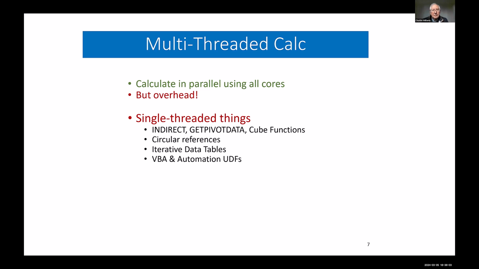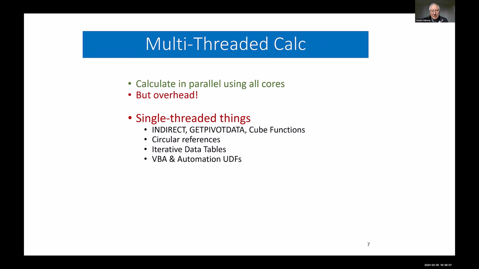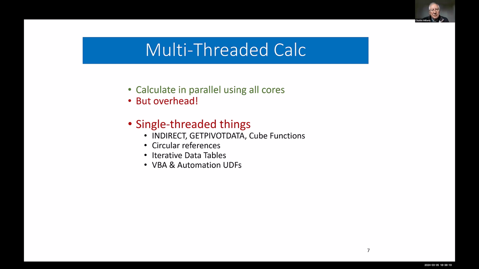So, oops. Now I'm going to switch back to Excel, if I can work out how to change to this one. This is a workbook profile produced by FastExcel on a large and complicated... We still see the presentation.